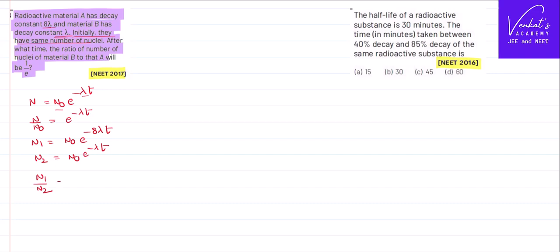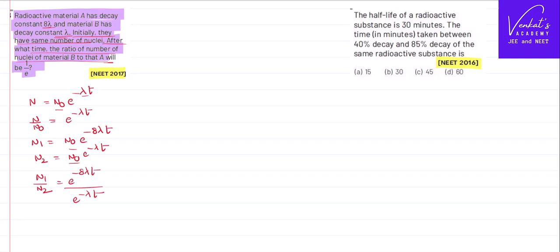N1 by N2 equals e power minus 8 lambda T by e power minus lambda T, because the N0s will get cancelled. But we need the ratio of nucleons of material B to A, which is 1 by e.